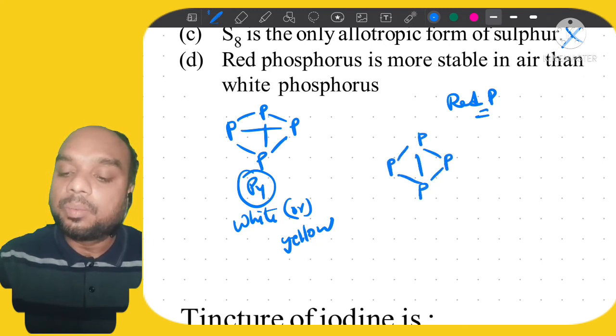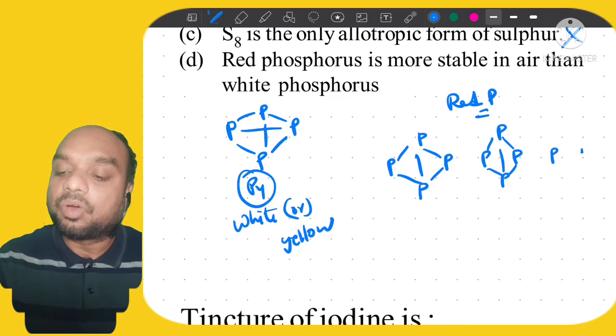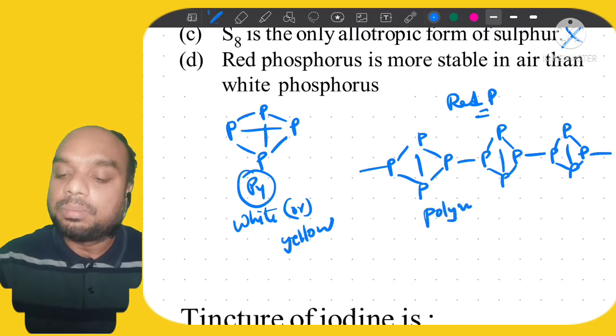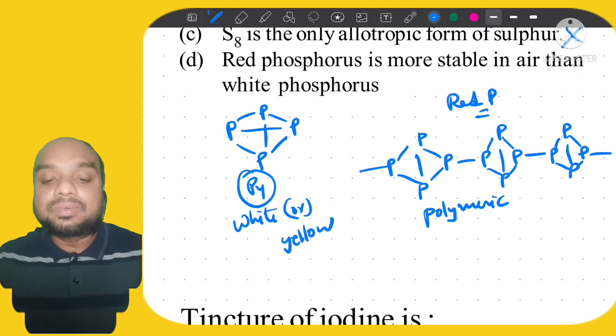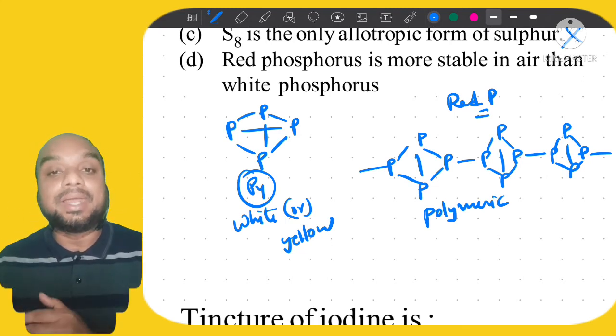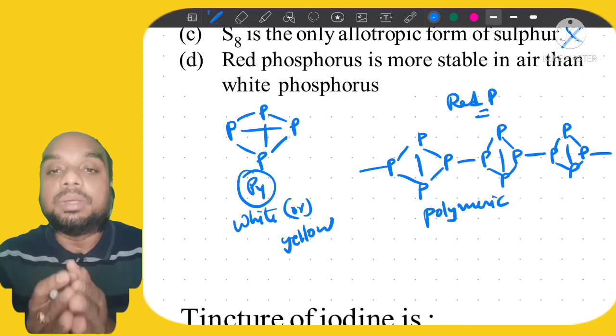Many P4 molecules combine together and form one long chain like this. That's why red phosphorus is more stable in air than white phosphorus, due to its polymeric structure.